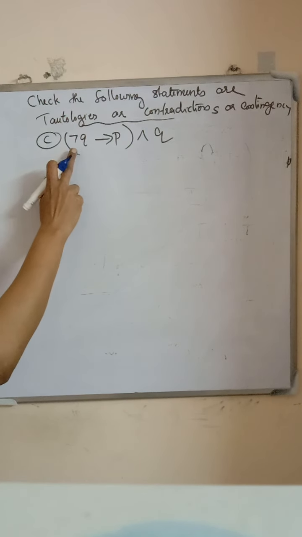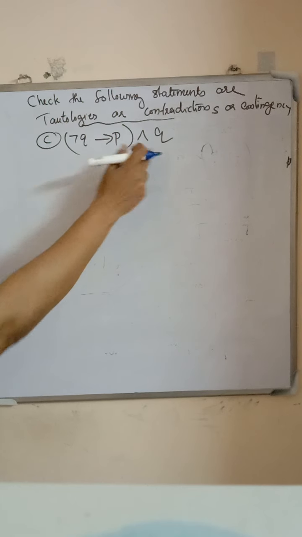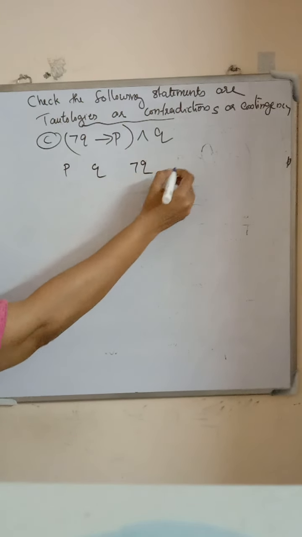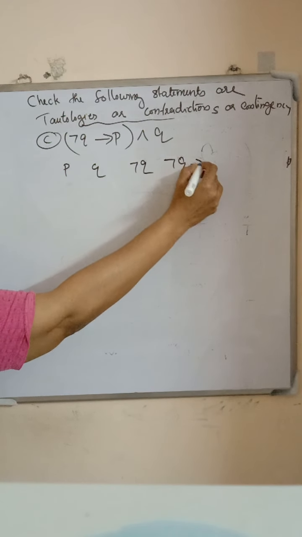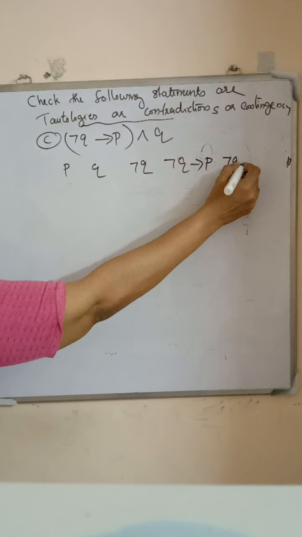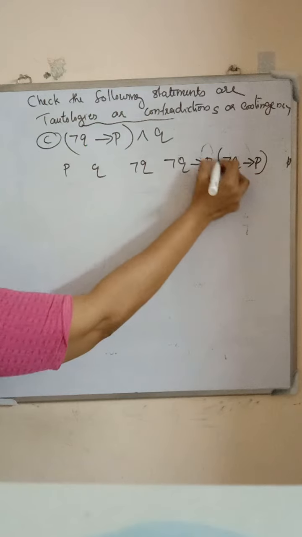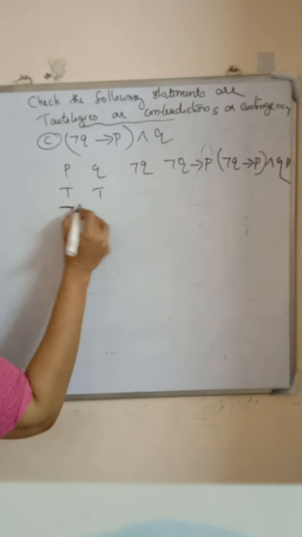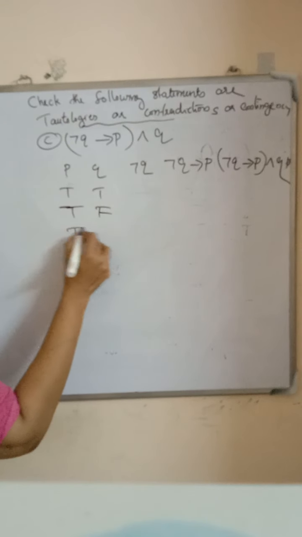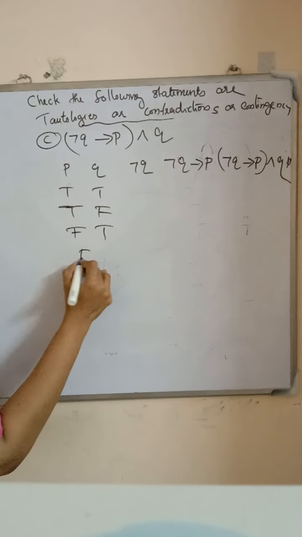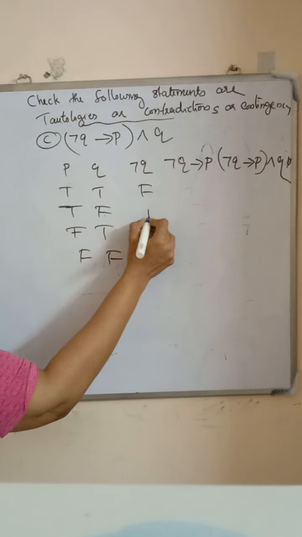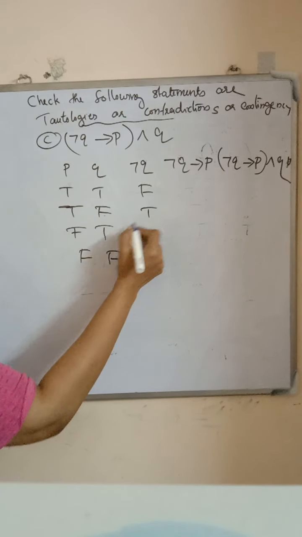Consider another problem: negation Q conditional P, and Q. Here P, Q, negation Q, negation Q conditional P, negation Q conditional P and Q. True, true; true, false; false, true; and both false. What about negation Q? False, true, false, true.